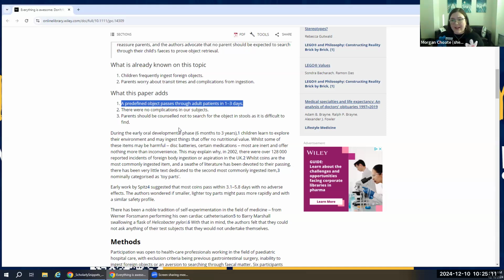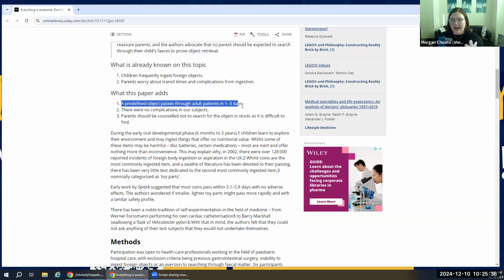But again, they had a convenience or snowball sample of 6 people that's not representative of the entire adult population. If they're just saying adult patients, that's every adult ever. I don't necessarily think that this wording helps them much.